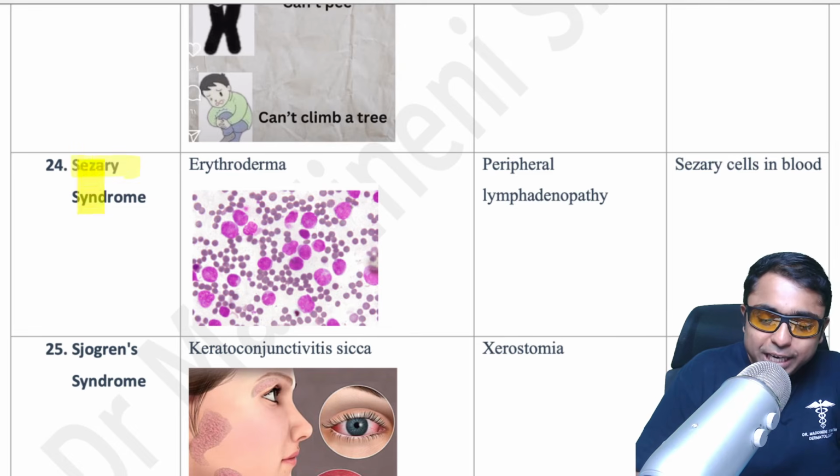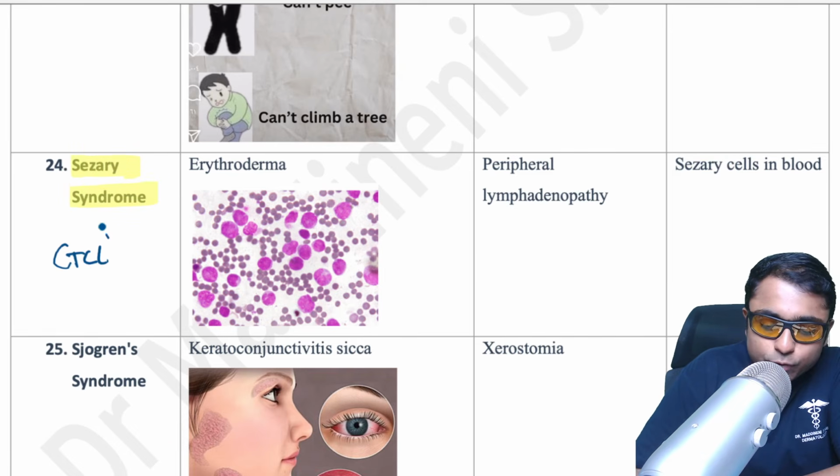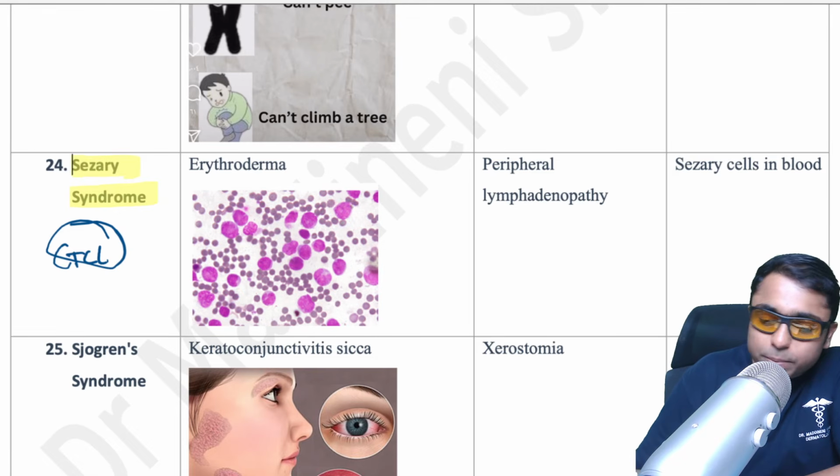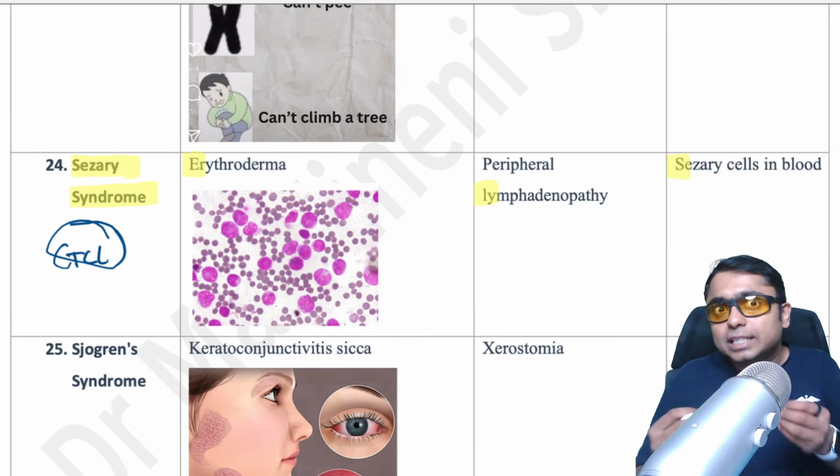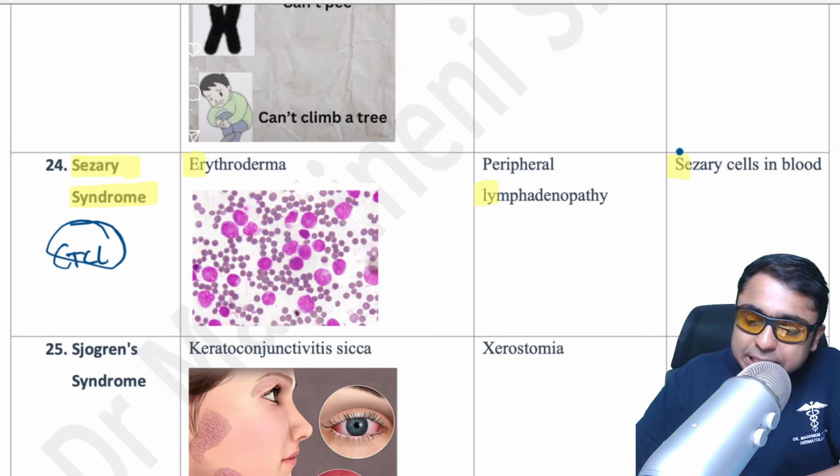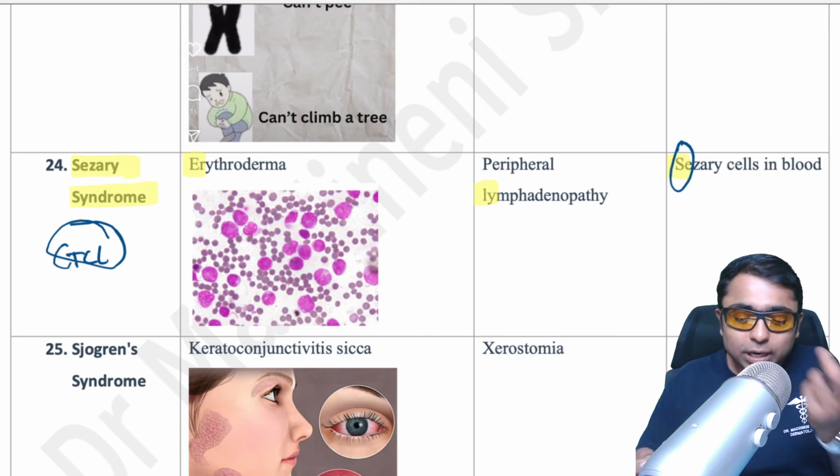Next is the Sézary syndrome, which is a leukemic variant of the cutaneous T-cell lymphoma, that is mycosis fungoides. So in this condition, what is the triad we are going to see? Yes, if you remember the S, L and E, you can easily remember the features of the Sézary syndrome. So there is going to be Sézary cells in the blood. What are the Sézary cells?